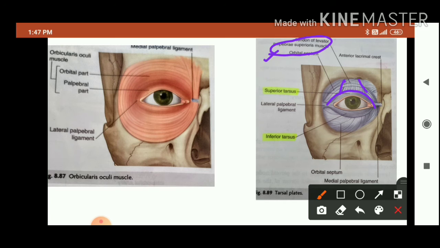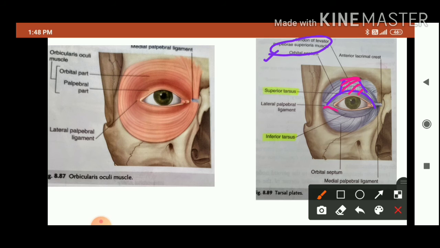Now at this point, a very important question arises: what is the difference between the upper and the lower eyelid? Always remember that this difference comes in the form of attachment of the superior and inferior tarsus. The skin, the superficial tissue, followed by the voluntary muscle, then the orbital septum, all of these remain the same, but the difference comes in the form of the superior and inferior tarsus, because in the upper eyelid you have the levator palpebrae superioris muscle attached to the superior tarsus.